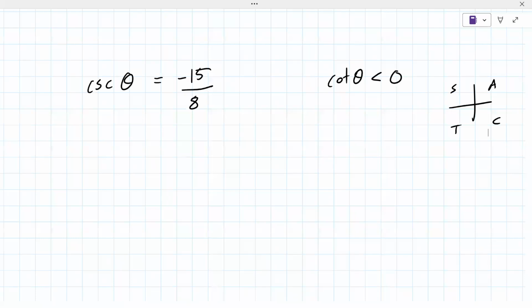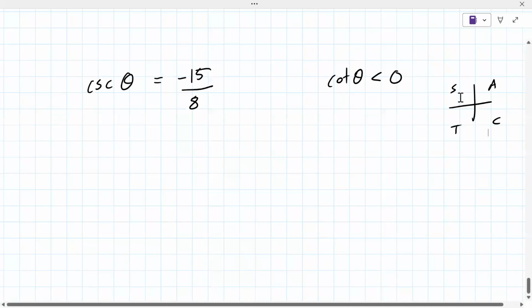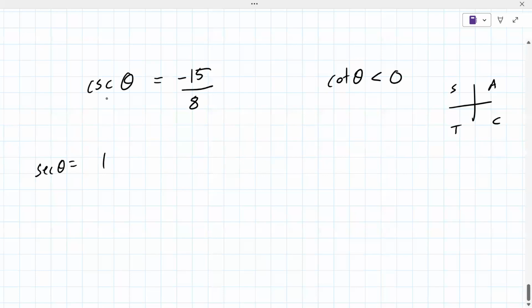Secant is for cosine, right? Yes, a secant is 1 over cosine, but the S refers to sine and C refers to cosine. So cosecant is for sine. Yes. Cosecant theta is 1 over sine theta.